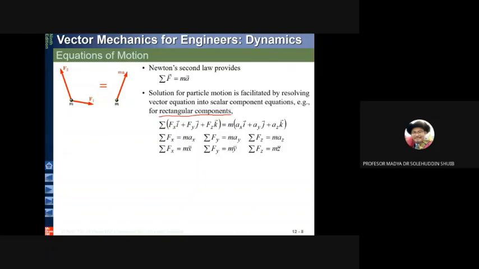This force we can write in terms of Fx i, Fy j, and Fz k, equal to mass times the acceleration resolved into rectangular component, so it will be max, may, and az, and then you can put all together in x, y, and z.